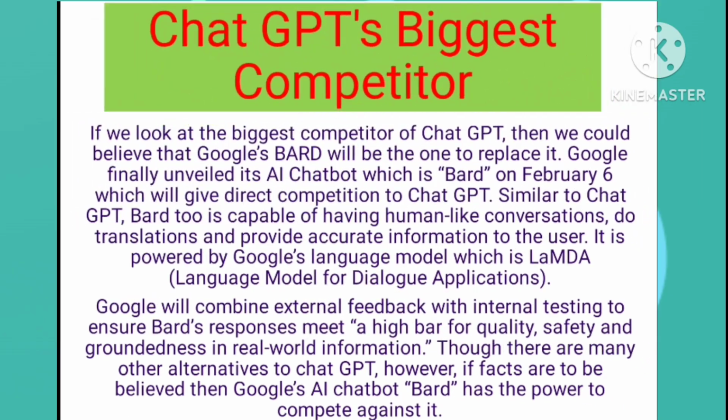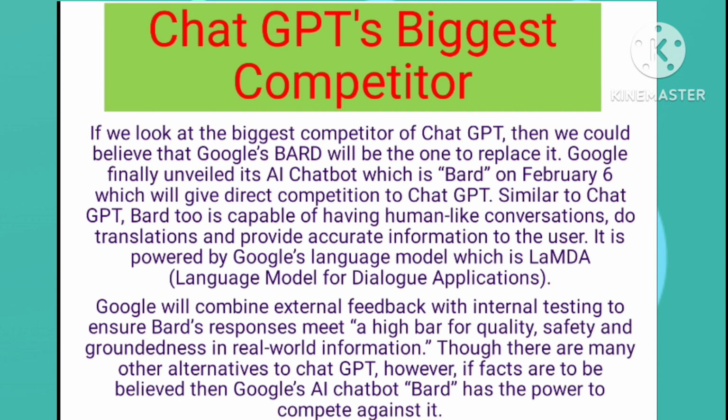ChatGPT's biggest competitor. If we look at the biggest competitor of ChatGPT, then we could believe that Google's Bard will be the one to replace it. Google finally unveiled its AI chatbot, Bard, on February 6th, which will give direct competition to ChatGPT. Similar to ChatGPT, Bard is capable of having human-like conversations, doing translations and providing accurate information to the user.